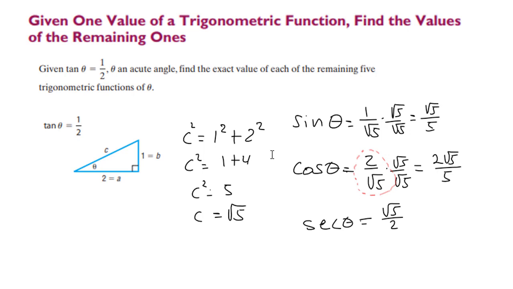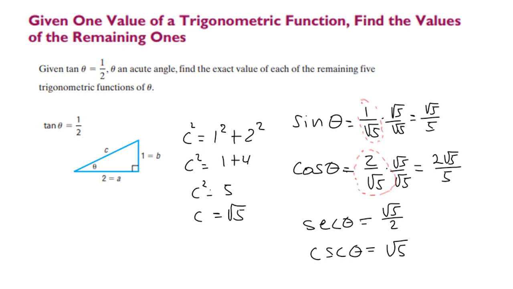What about cosecant? Cosecant of theta is the same as this. If I choose to flip the first fraction, then my final answer will be square root of 5 divided by 1, which is square root of 5.